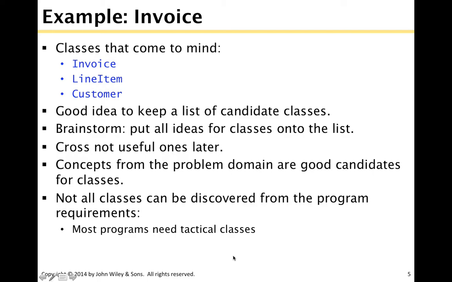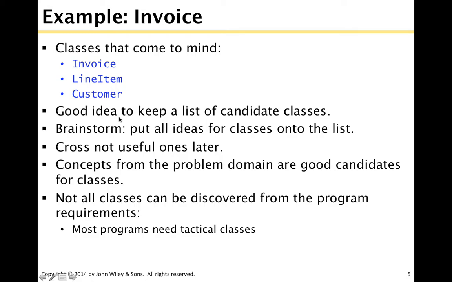Suppose we are going to write a program for such invoice printing, then we may find many nouns from the real problem description, but we could have three prominent nouns as candidates for classes: invoice, line item, customer, or we could have a product.